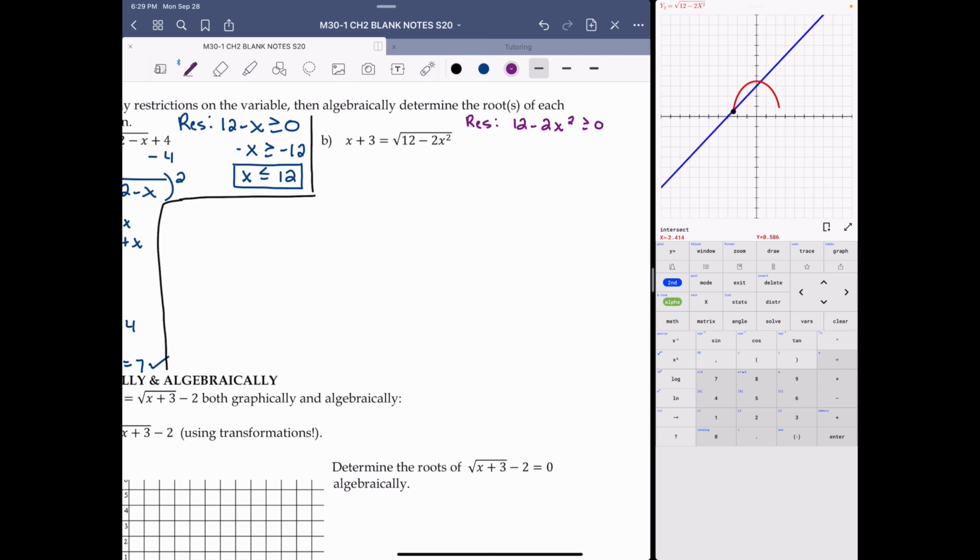Subtract 12 from both sides, we get negative 2x squared is greater than or equal to negative 12. You're going to divide by negative 2. That's going to flip our inequality sign because we're dividing by a negative. x squared is less than or equal to negative 12 divided by negative 2 is positive 6.